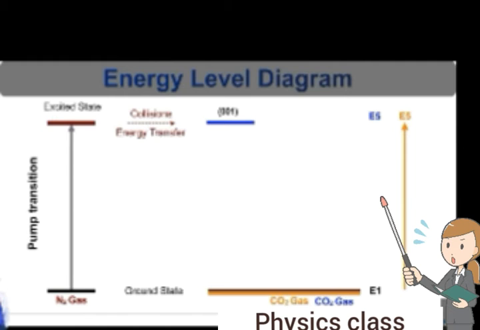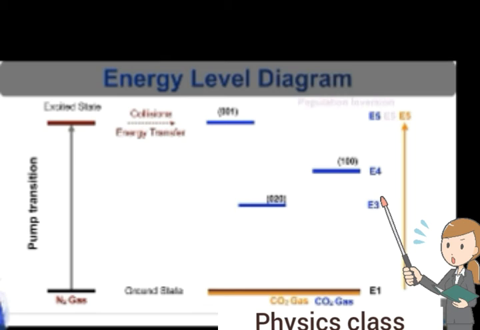The E5 level is the upper lasing level, while the 020 and 100 states, marked as E3 and E4 levels, act as the lower lasing levels. As the population of CO2 molecules builds up at the E5 level, population inversion is achieved between the E5 level and the levels E4 and E3.